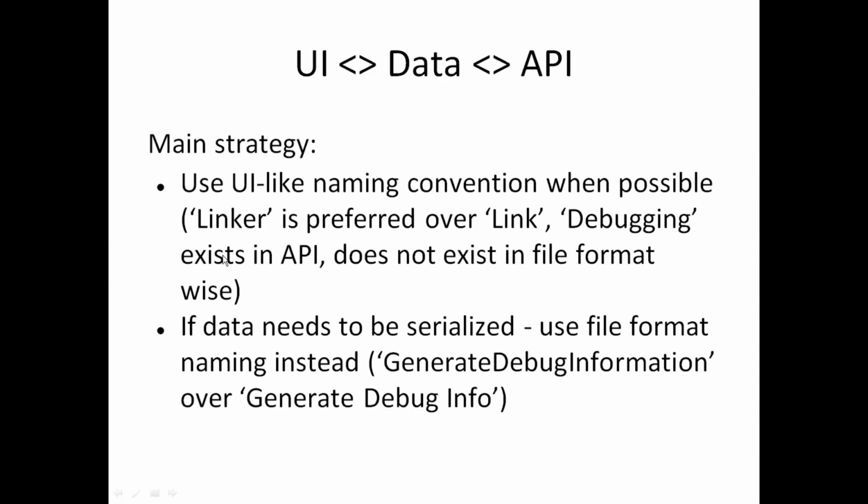Normally we try to use UI naming, so if there is linker or debugging, it is used as such. But when it comes to actual data to be serialized, we prefer to use file format naming instead. It may be a bit cryptic for the end user to understand, but it makes sense to discuss this a bit deeper with Microsoft itself, so those names could be improved there as well on the file format level.